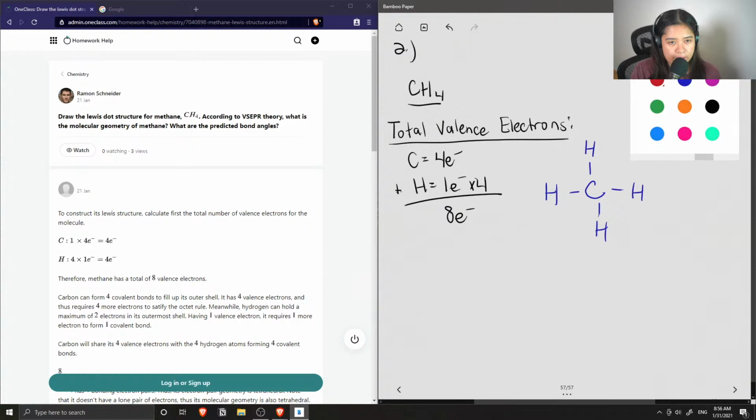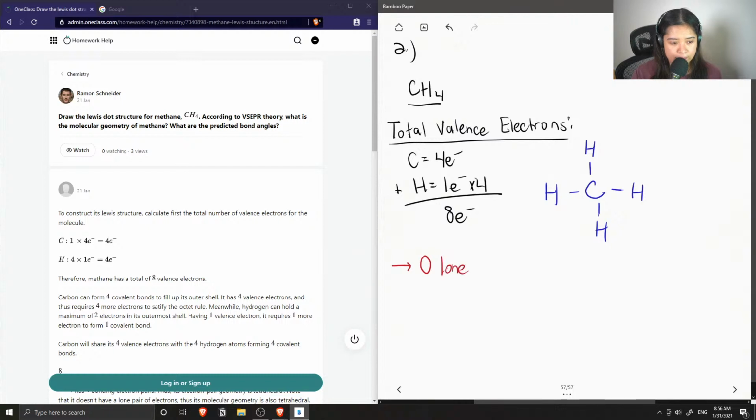So now, when we analyze it, we can find out the molecular geometry and the predicted bond angles. So looking at the central atom, which is this carbon, we see that it has 0 lone pairs and 4 bonded atoms.